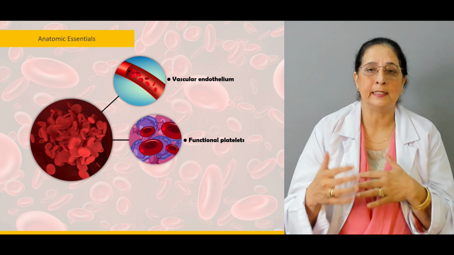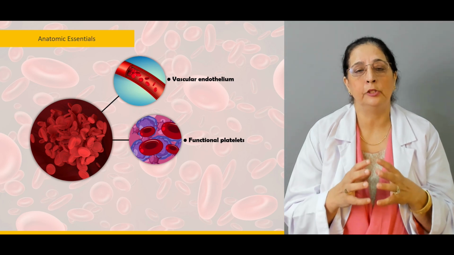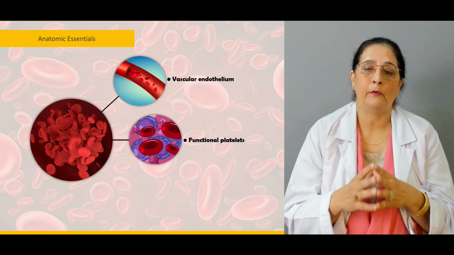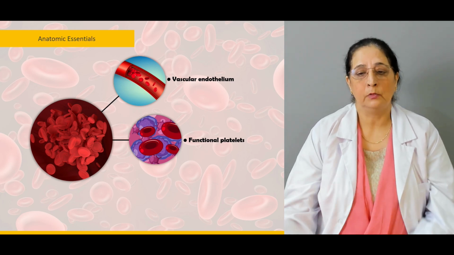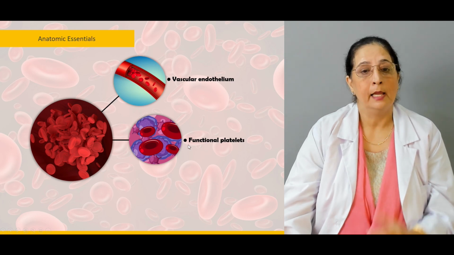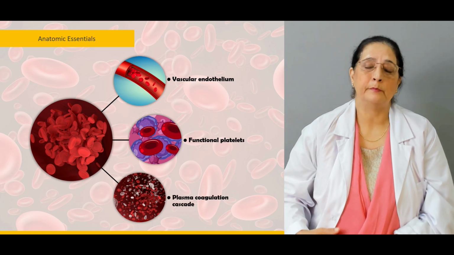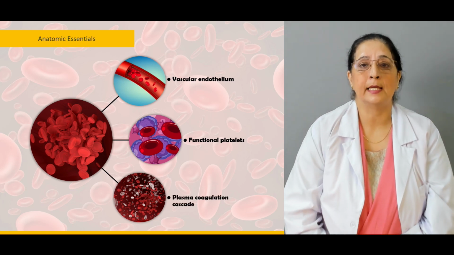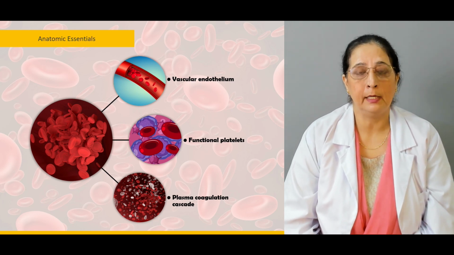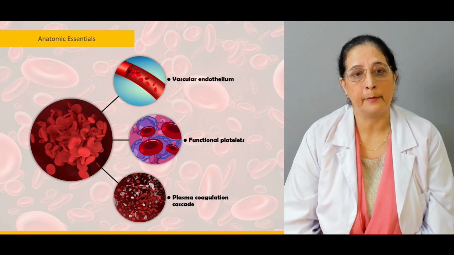So it's very self-explanatory that for the formation of the thrombus or clot, these are the cells that form the blood clot. So these are the functional platelets, that's another anatomic essential. And then we have the plasma coagulation cascade that causes the release of thrombin that converts fibrinogen to fibrin.